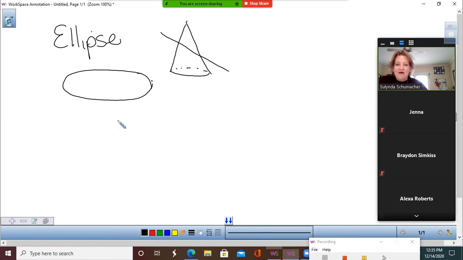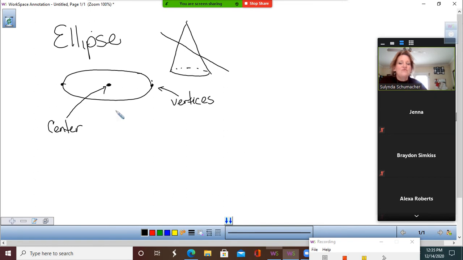All right, so I want to tell you some of the things about an ellipse. If I have an ellipse, right here in the middle, of course, is the center. Whatever direction it's stretched further, in this case side to side, the end points are called the vertices.